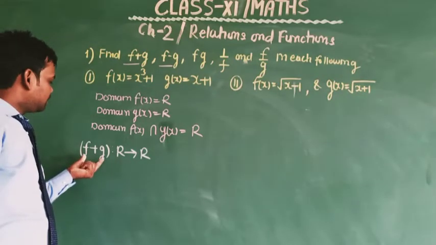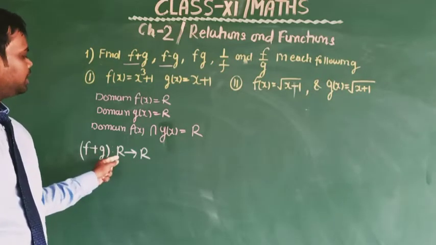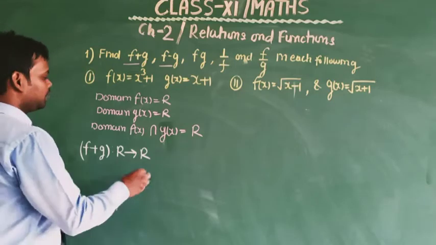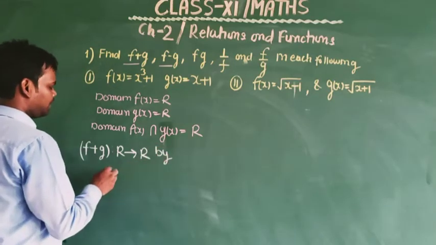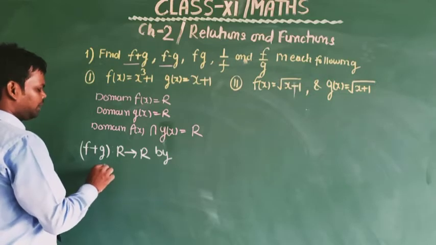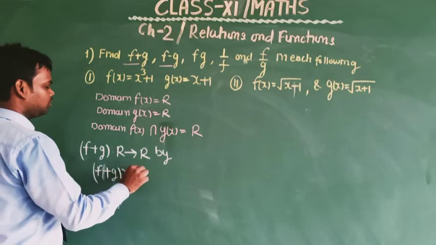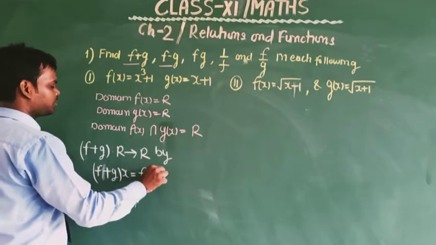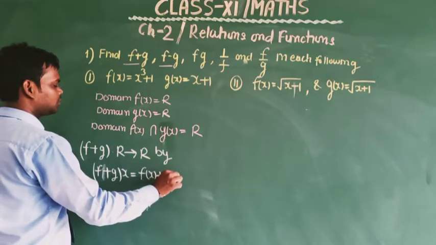f plus g is defined from real numbers to real numbers by (f plus g)(x) equals f(x) plus g(x).